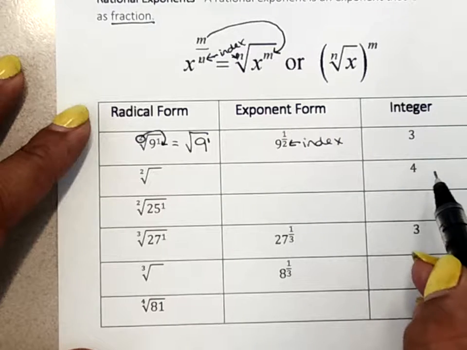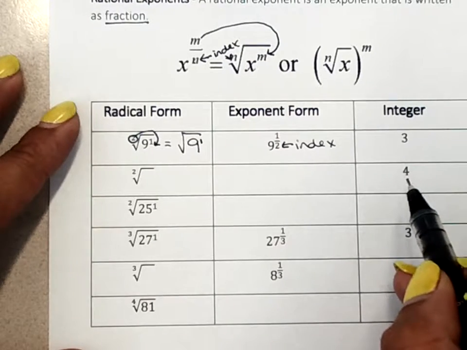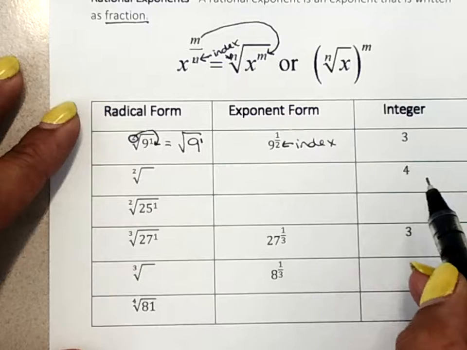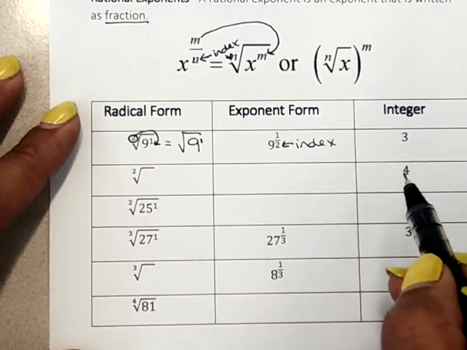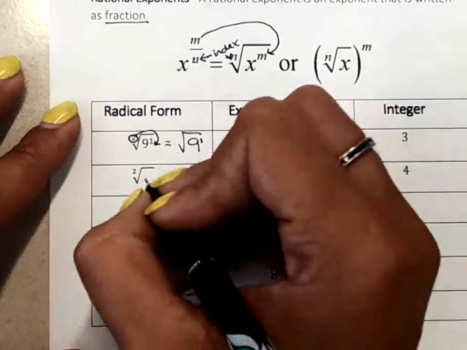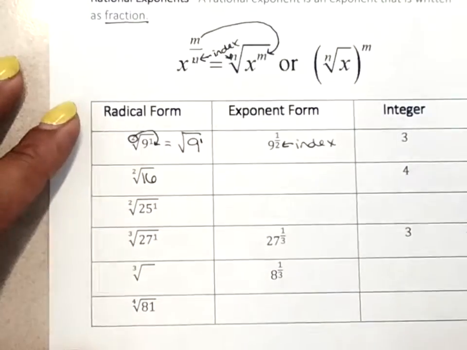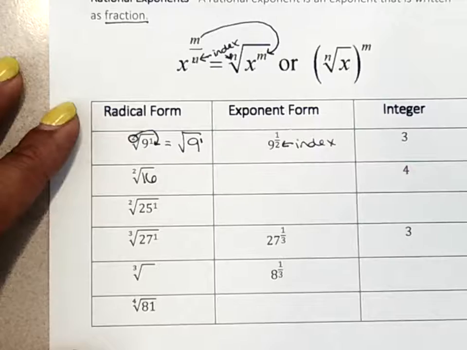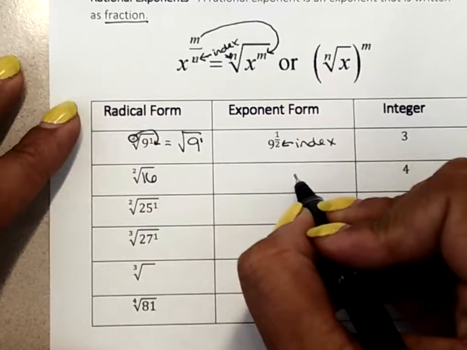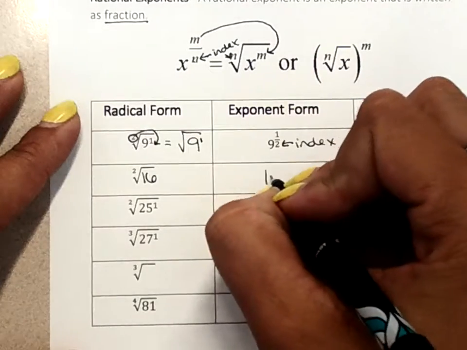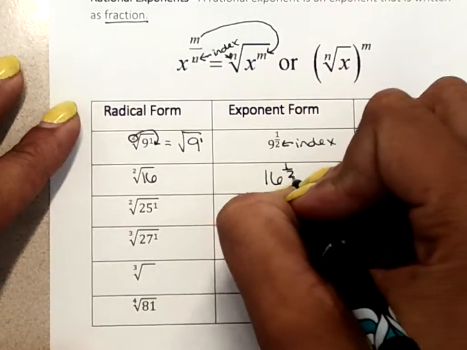We're going to work backwards for this one. Our integer is 4. So I need to think of the square root of what will give me 4. Well, I know that 16 is a perfect square and would yield 4. If I wrote this in rational form or exponential form, it would be 16 to the 1/2.